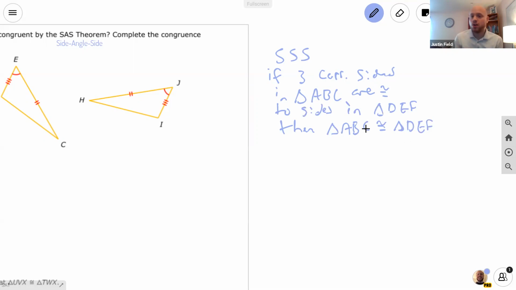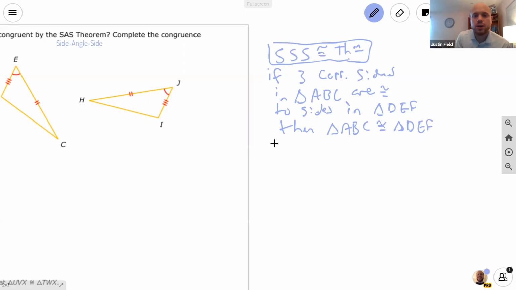We don't need to know about their angles. In fact, if we know all 3 sides, then we know the angles are congruent as well. That is the strength of this triangle congruence theorem. The side, side, side congruence theorem.